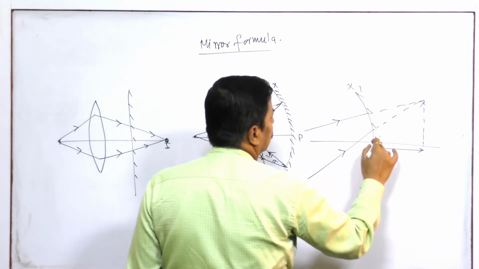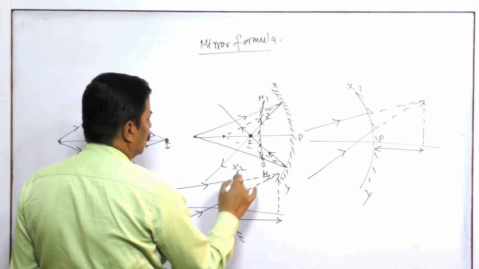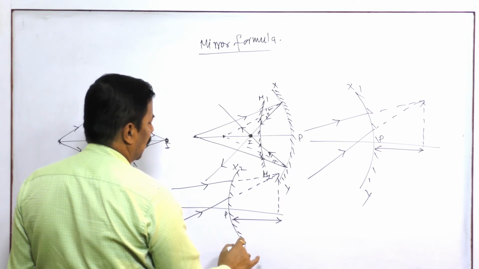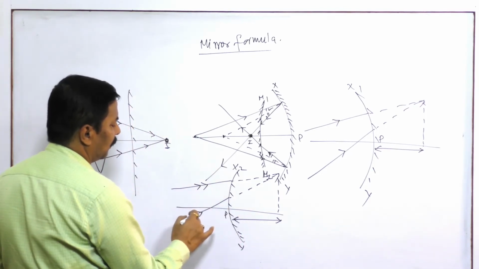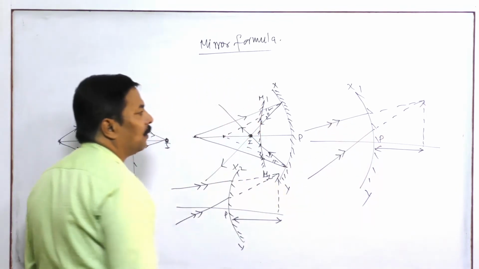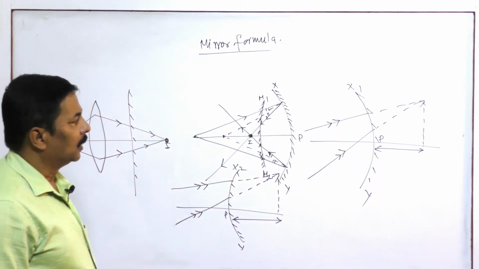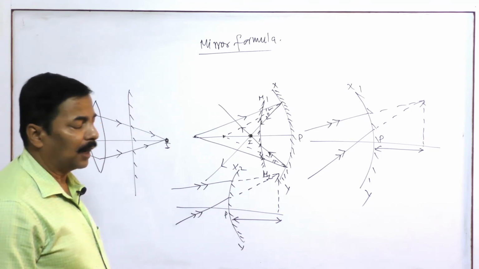X1, P, Y, X2, P, Y. Rays should be converging. These rays are converging in nature, so basically they represent a virtual object. So this is the thing that you should keep in mind.